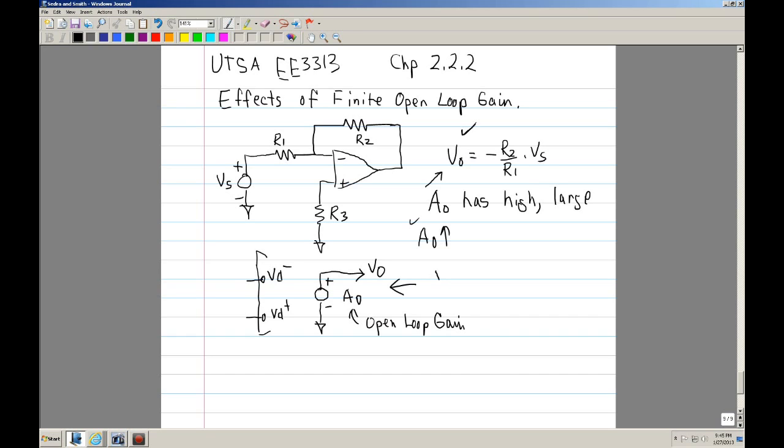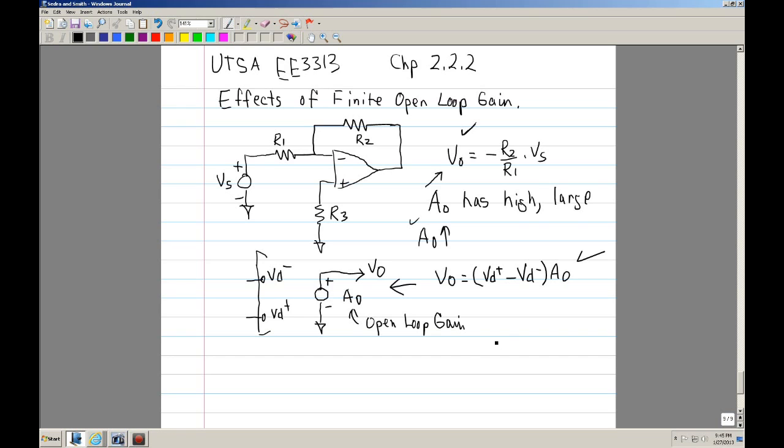So V out equals (VD plus minus VD minus) times A sub O. We're going to be using that equation.